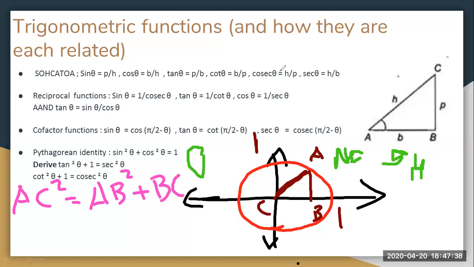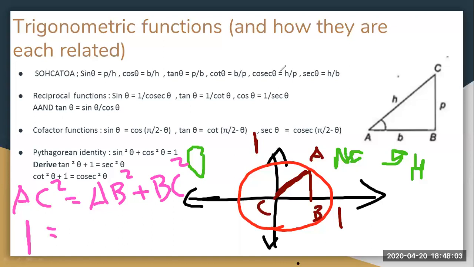Now I told you the hypotenuse is always 1 in a unit circle, because this is a circle, and the hypotenuse is basically your radius. So this is going to be 1 squared, and 1 squared is 1. So AC square is 1.